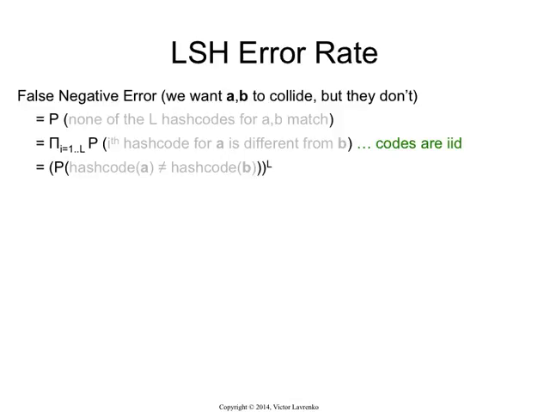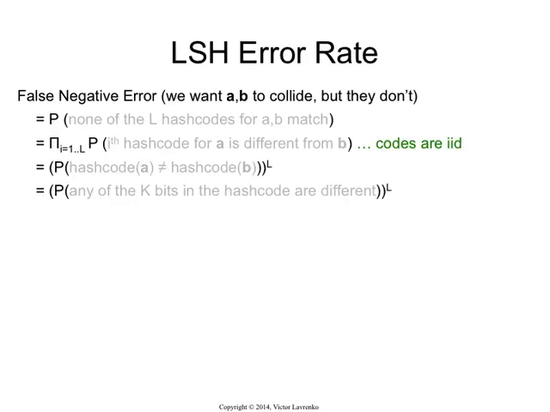Now, what is the probability that a hash code is different? Remember, a hash code is a sequence of k bits. And for the hash code of A to be different from the hash code of B, it's enough to have one bit that is different. So if any one of the k bits is different between the two hash codes, they will not match. Right? So the probability that the hash codes are not equal means that any of the k bits are different.